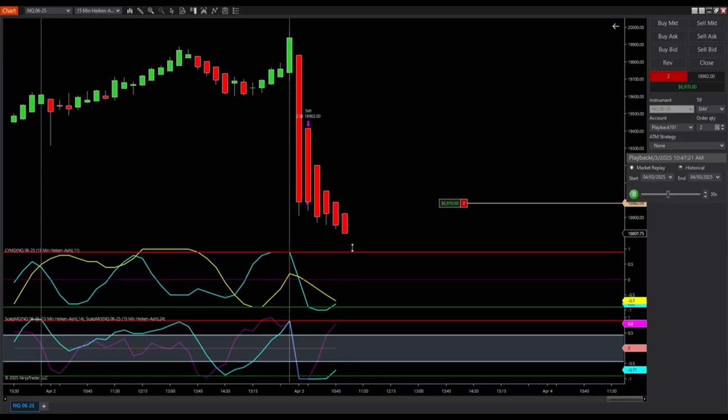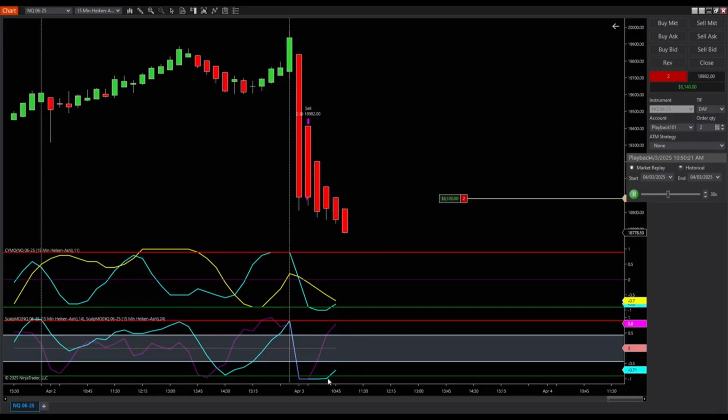You probably would have picked up a few extra points if you had waited for these two to kiss goodbye. Also, when the cyan line actually touches the bottom of this threshold right there, it is for sure game over. So let's see how that plays out and if it holds any water.